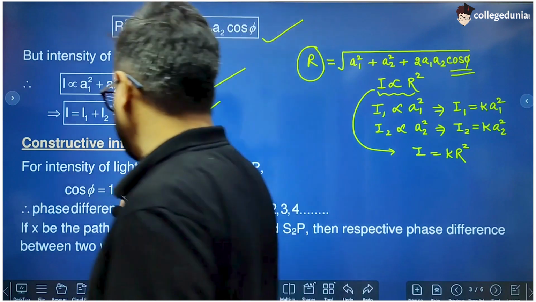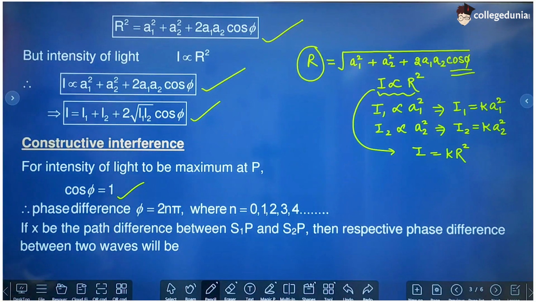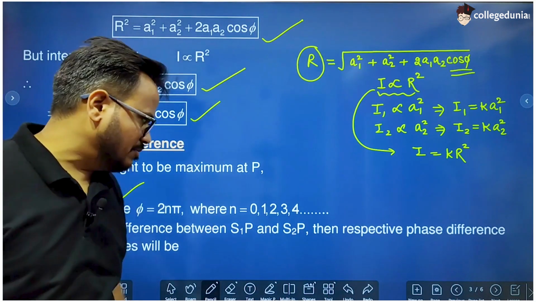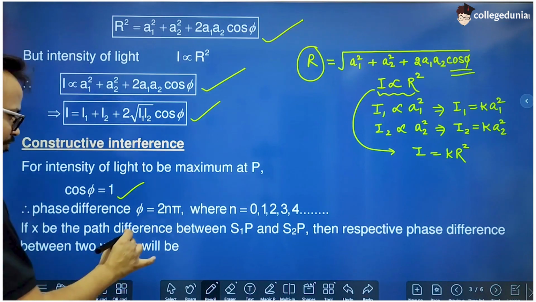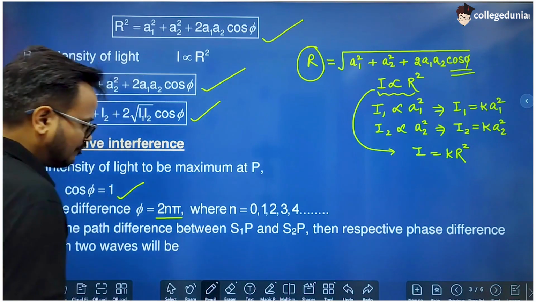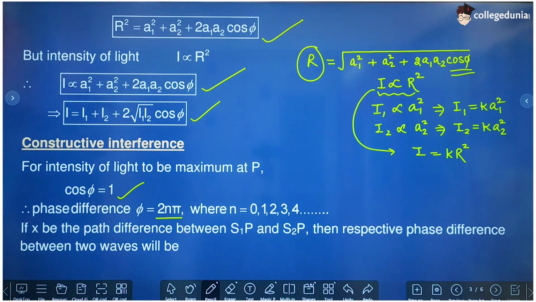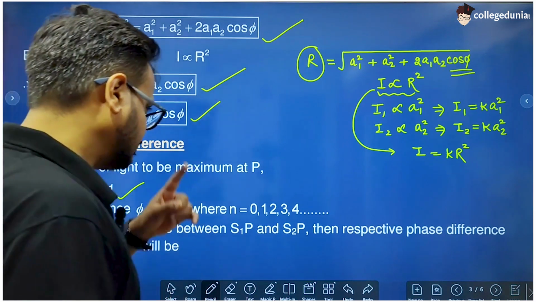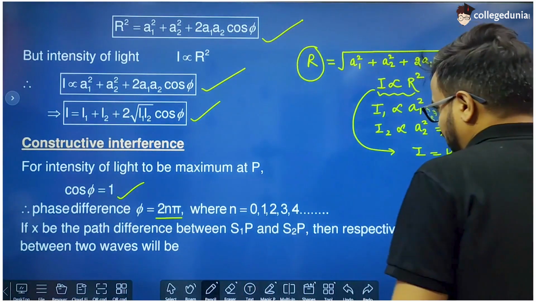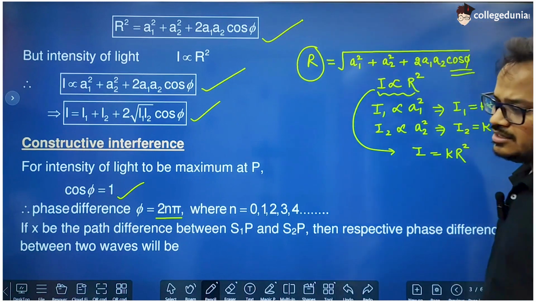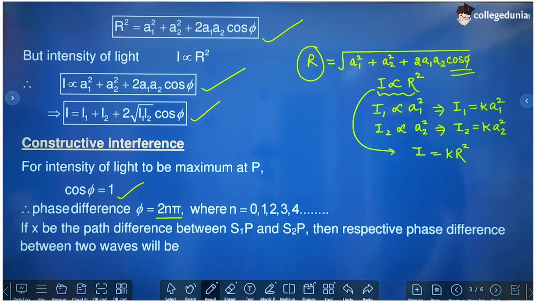So when cos phi is 1, which is the maximum value of cos, obviously R will be maximum. So cos phi is 1 whenever phi is an even multiple of pi, right? This is the case whenever there is a path difference. What is a path difference?